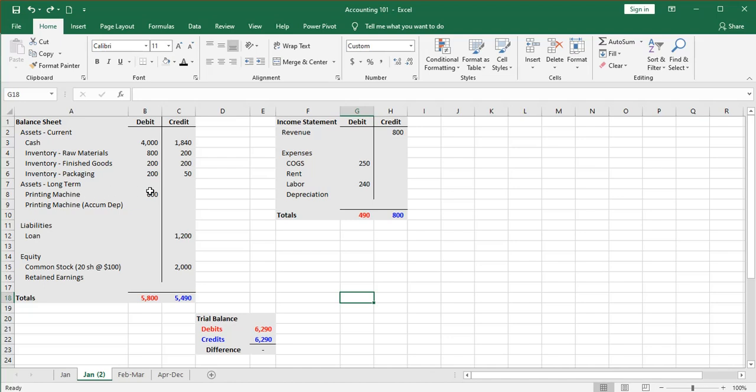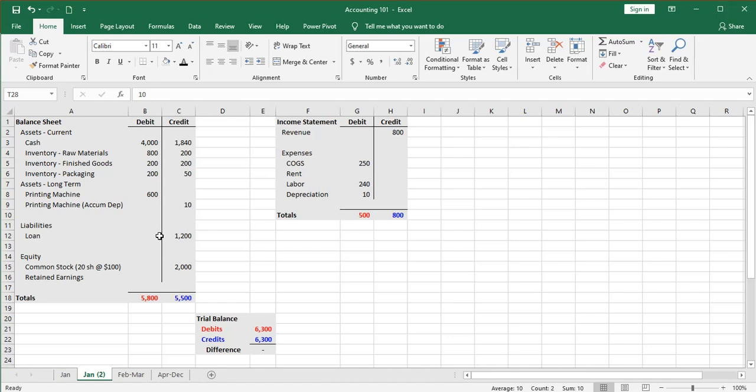So I need to enter $10 over here on the income statement for my monthly depreciation, and we'll make a credit entry to balance that here in accumulated depreciation. So I'm still balanced.